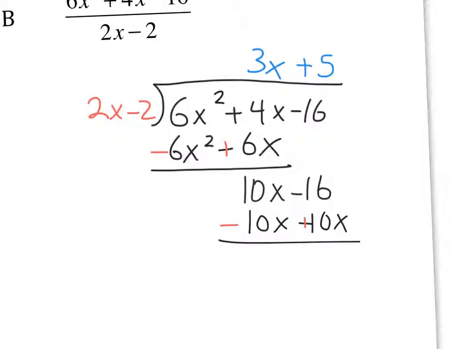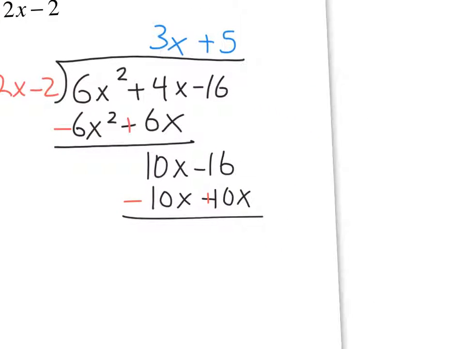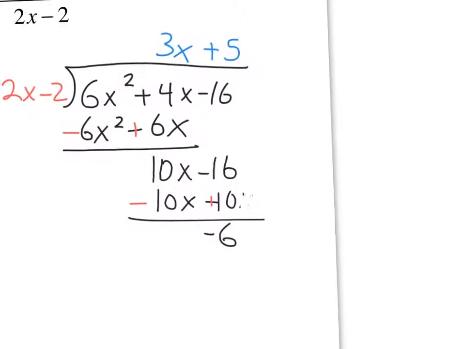Oppositify across the board there, and the 10x drops out, and we end up getting negative 6. And notice my little mistake there. I need to get rid of that x right there on the end, because I got a little too excited there. All right, now my remainder is negative 6.